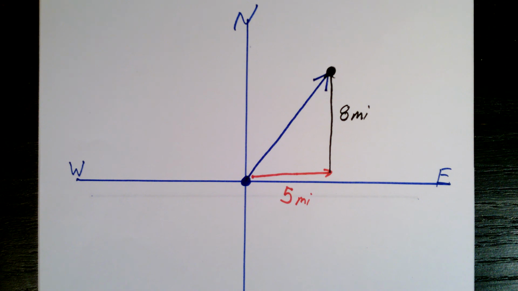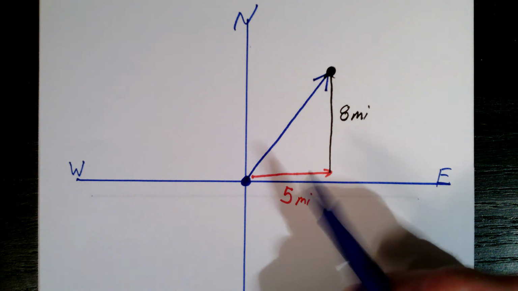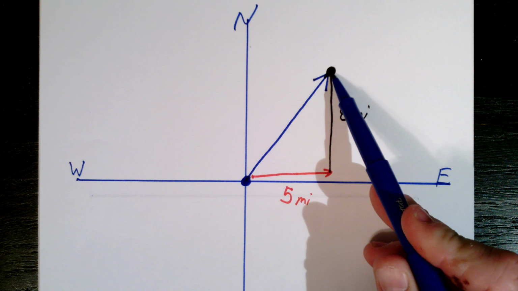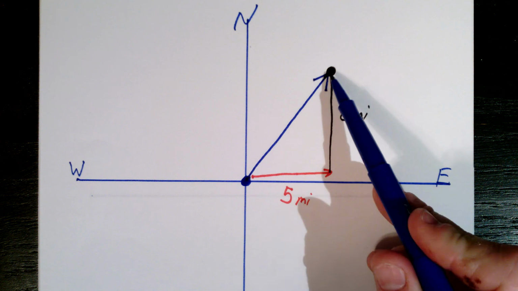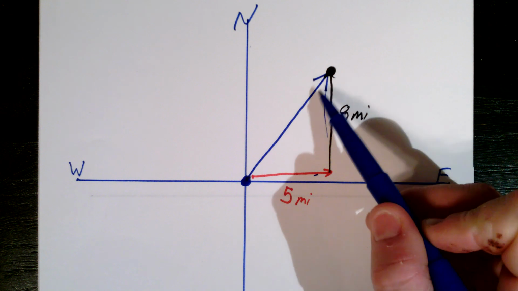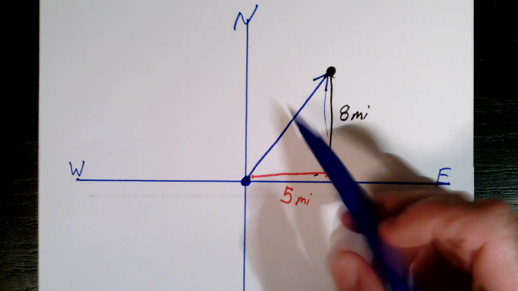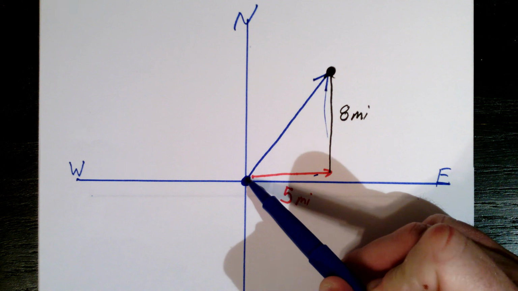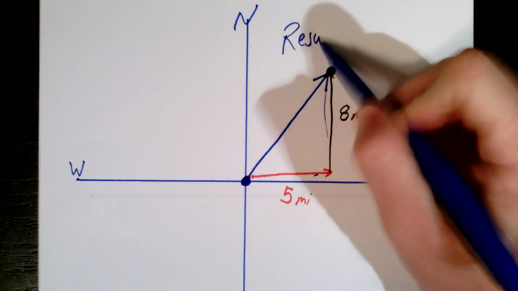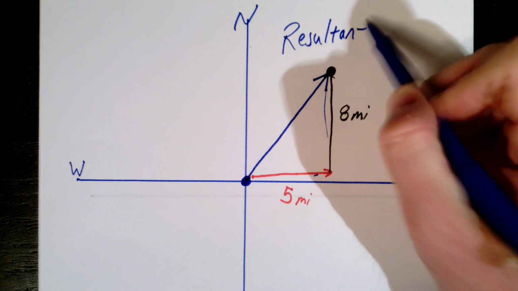Then I go there. I can do this over and over again. If I walk that path, my net result, my resultant is that right there. Because that's how far I wound up from where I started, and that's what direction I wound up from where I started.